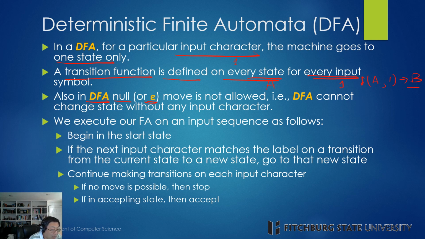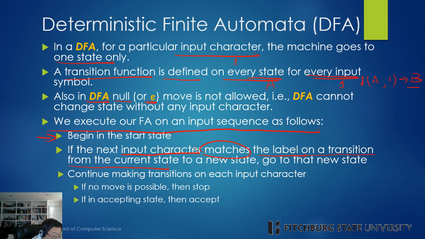Okay. So here's how we're going to execute our finite automata on the input sequence. For the deterministic finite automata, DFA, let's start with the start state. The next input character is matched against the label on the transition from the current state.